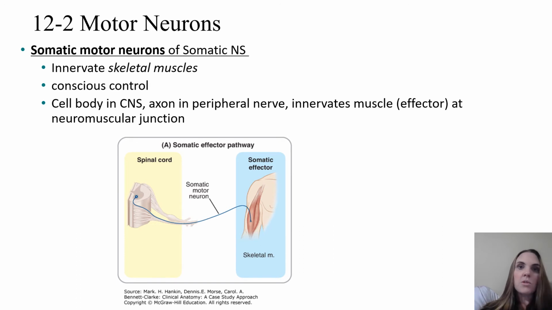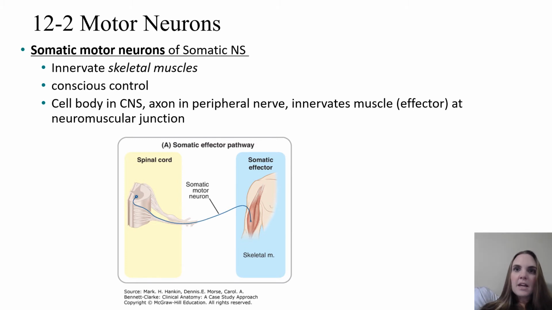So somatic motor neurons of the somatic nervous system are going to innervate skeletal muscles, as I said before. Most often this is conscious control, so you think about flexing your bicep or moving your leg and you can do it. You have conscious control, you're aware and telling your body to do that.